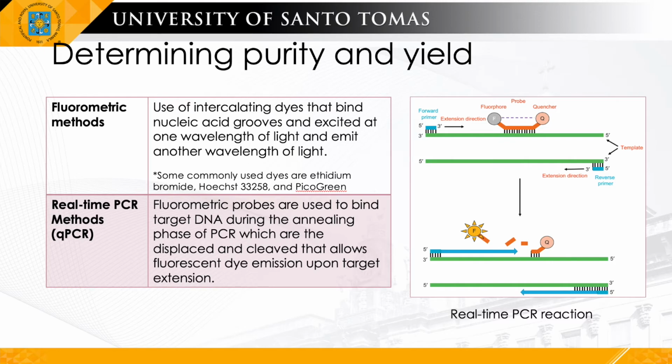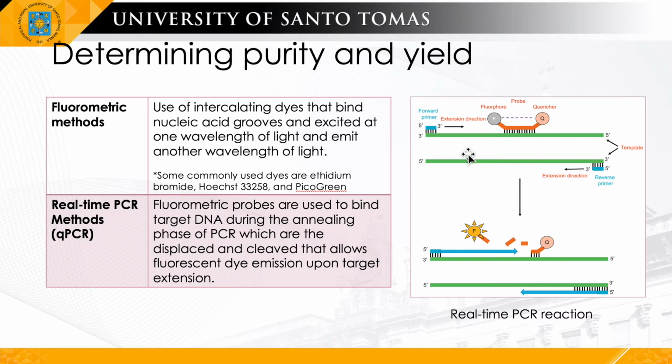So another important method is your real-time polymerase chain reaction, or your quantitative polymerase chain reaction. In this, fluorometric probes are used to bind target DNA during the annealing phase of PCR, which are eventually cleaved, and they will allow fluorescent dye emission upon target extension. So this is an example of the reaction in the real-time PCR. Please take note of these.